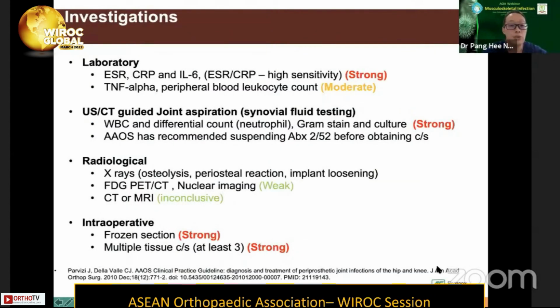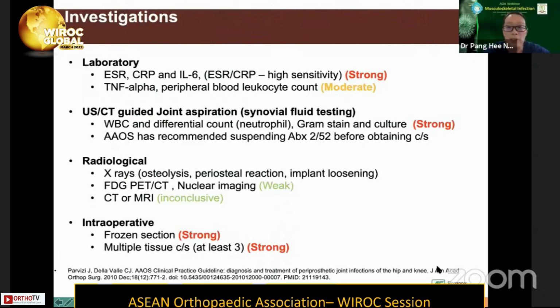Okay. So this is the PJI WAOS clinical practice guideline. ESR, CRP, and interleukin-6 have strong evidence, with high sensitivity and specificity. Interleukin-6 is expensive and not usually done here, but most labs will do ESR and CRP. Tumor necrosis factor alpha and peripheral blood leukocyte counts are not as strongly sensitive or specific.